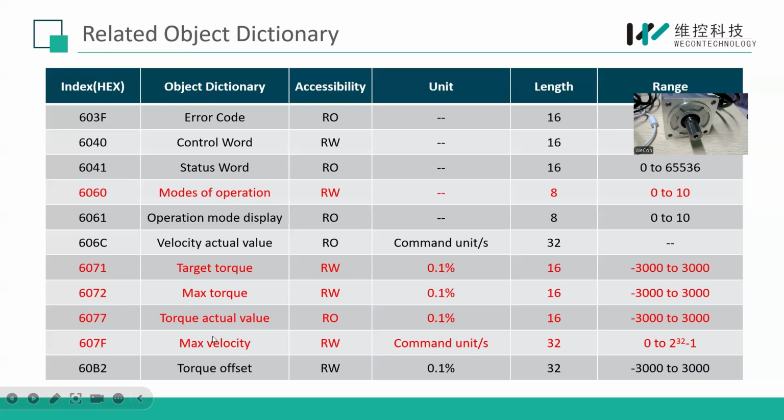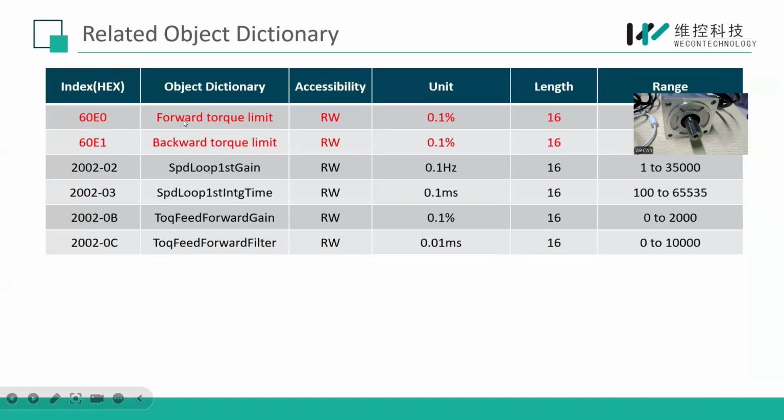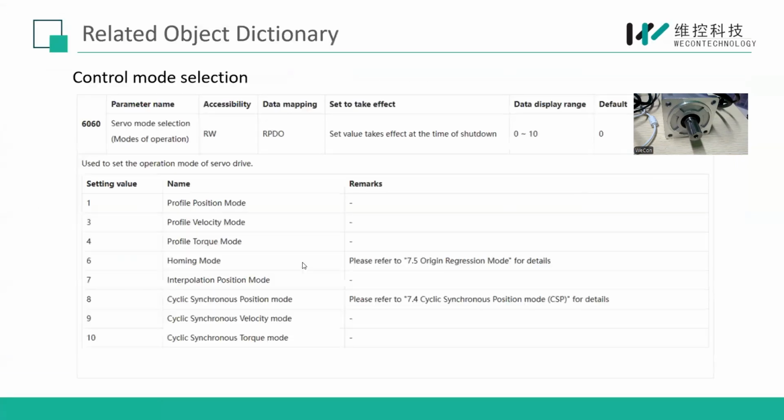Also, max velocity, which we can call the velocity limit. And also the forward torque limit and the backward torque limit, the torque limit in different directions. This is what we need to set.